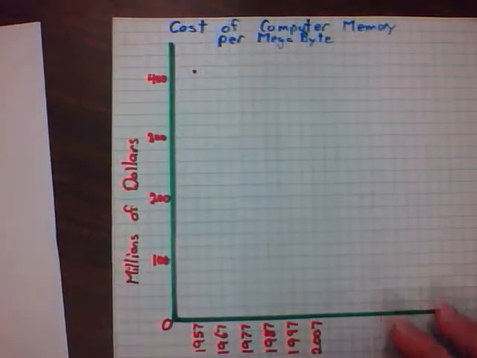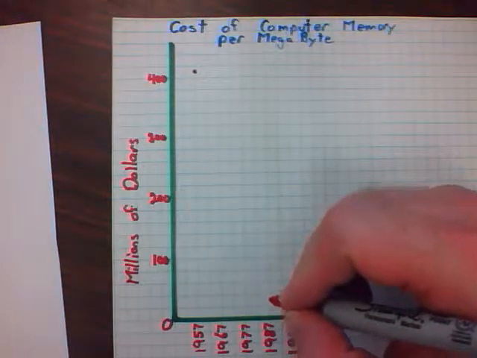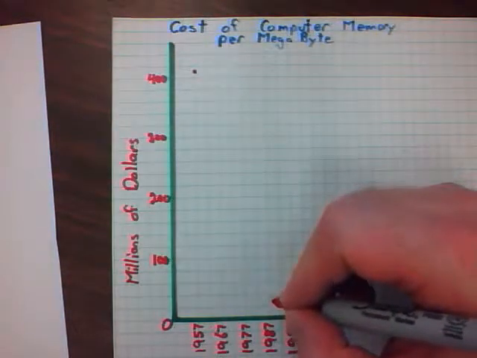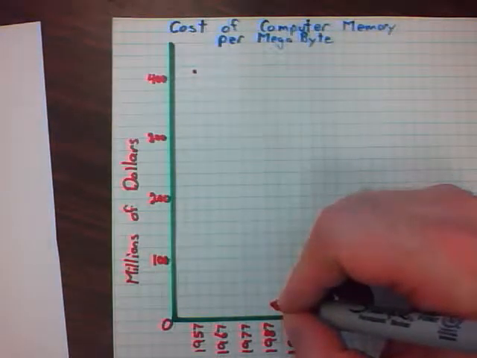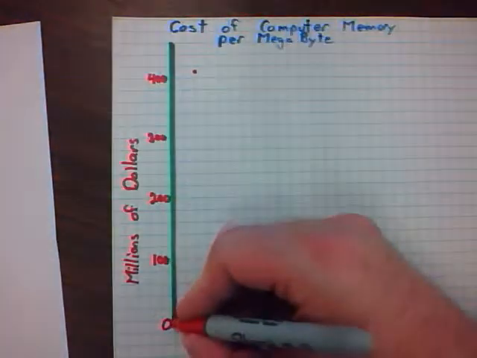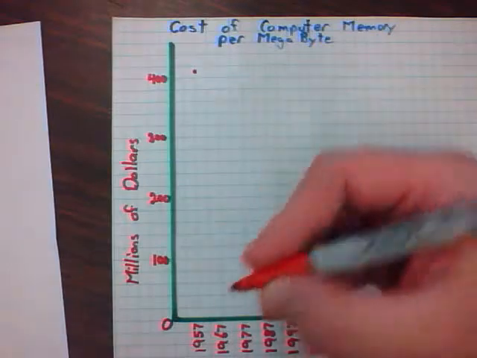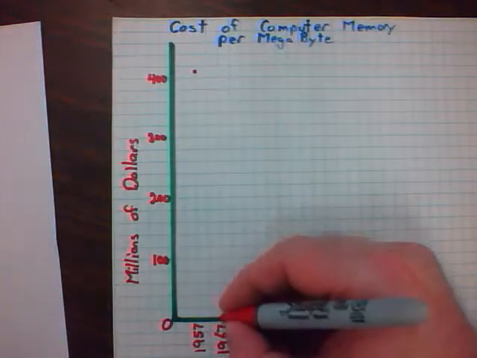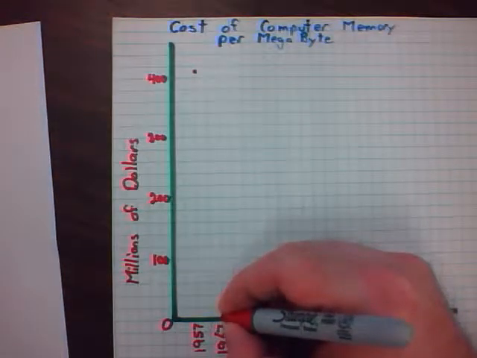Now in 1967, it had dropped to $2 million. This is going up by millions. 1 square is 20 million. 2 million is somewhere around here.